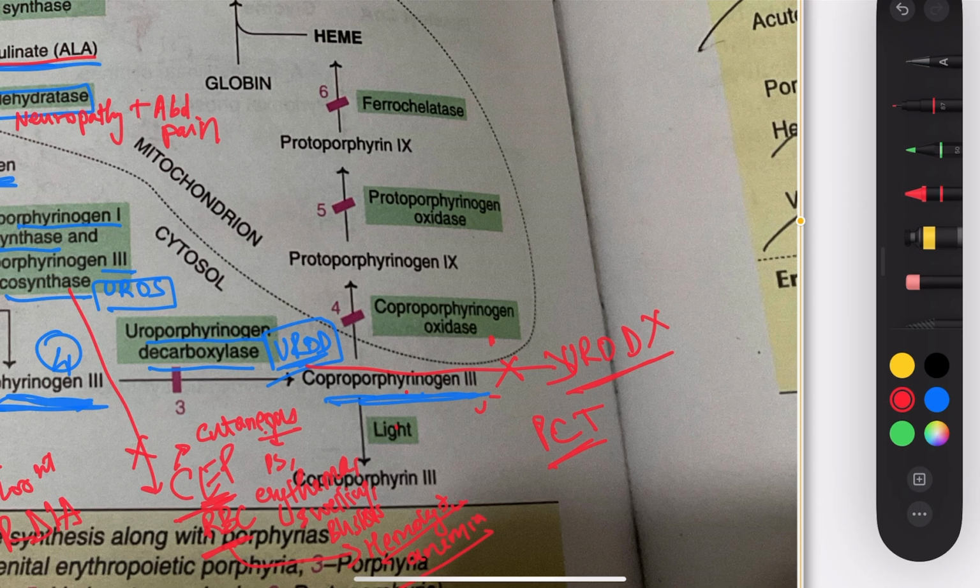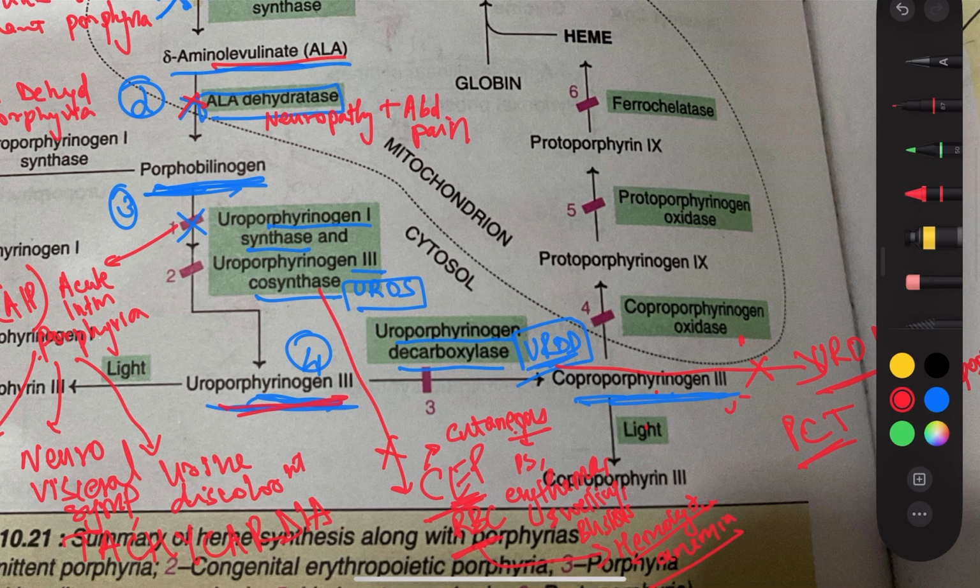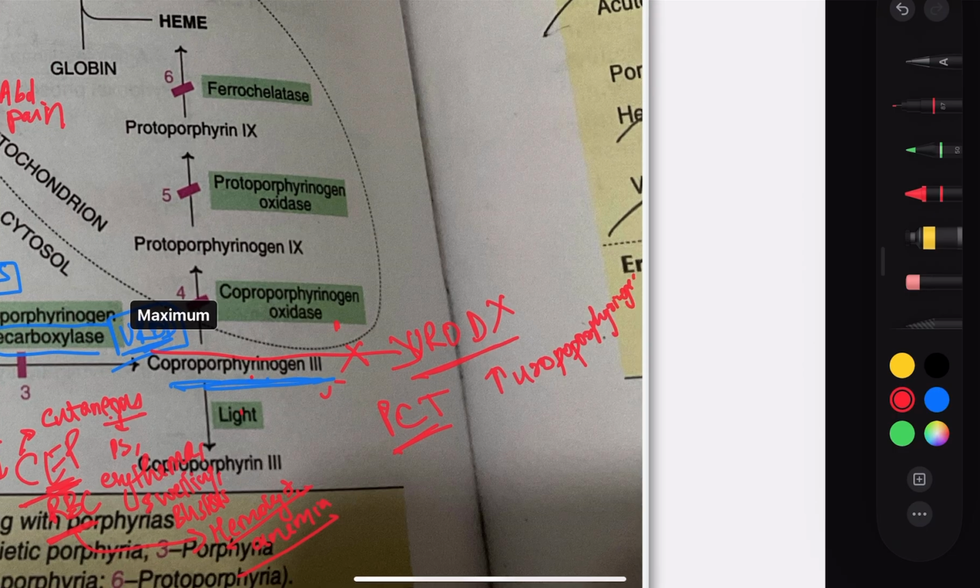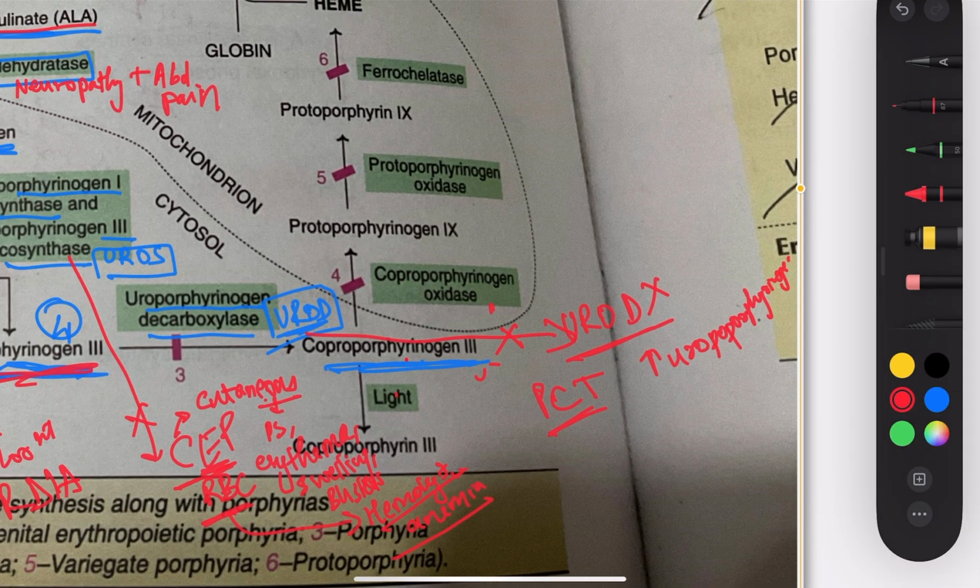Okay, so on lab values, we'll have increased uroporphyrinogen. Obviously, there's going to be an increase in the uroporphyrinogen because this UROD enzyme is not there. It's as simple as that. Increase in uroporphyrinogen, UP.